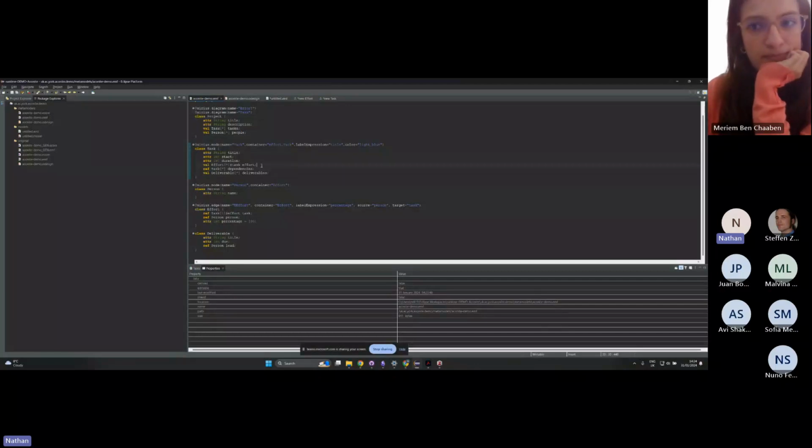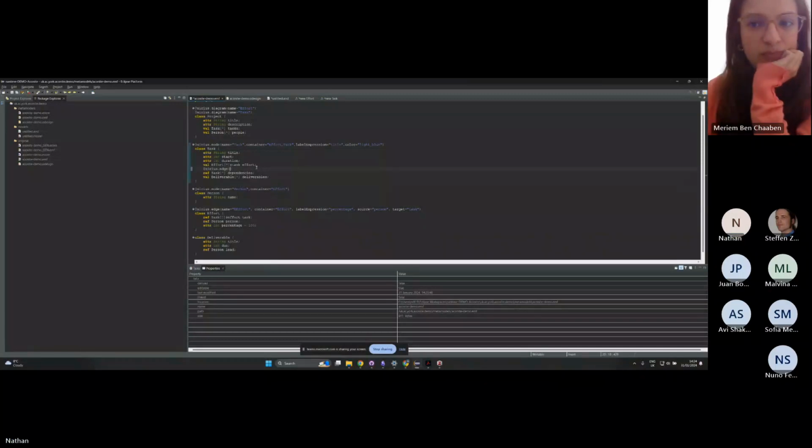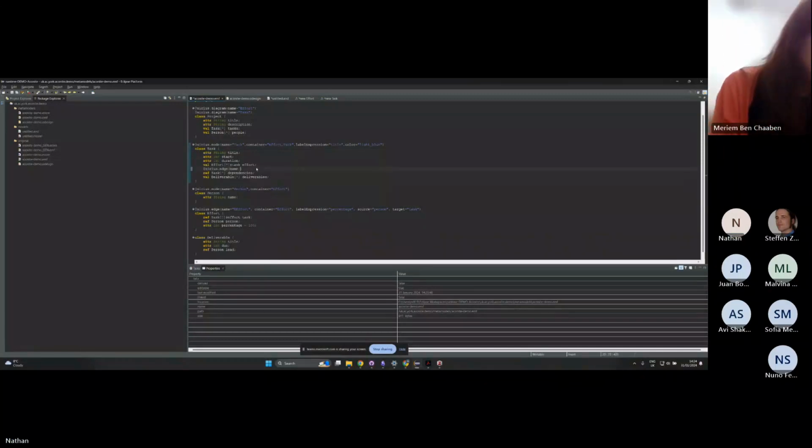So we're going to create one for our dependencies between all of the different tasks that we're working on. So all of the different tasks.